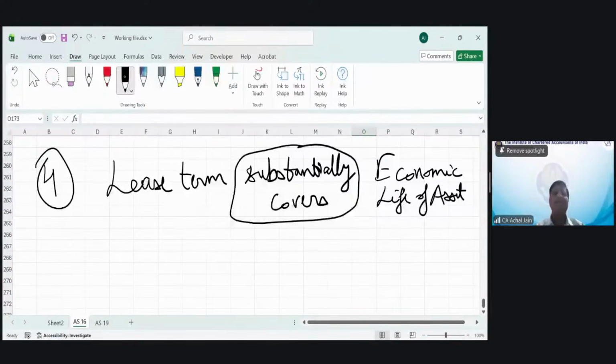What is economic life of the asset? Quickly. Sir, the estimated life is to be profitable. Okay, so there's a concept you would have covered under PPE, useful life. You remember under AS 10 you would have covered useful life. Everyone, quickly. What is the useful life? Can somebody explain what is useful life?